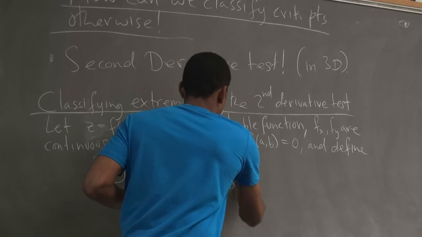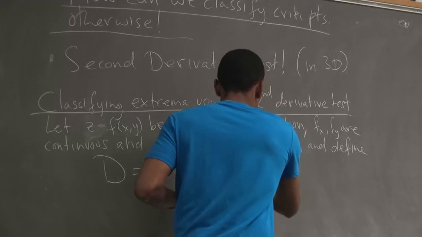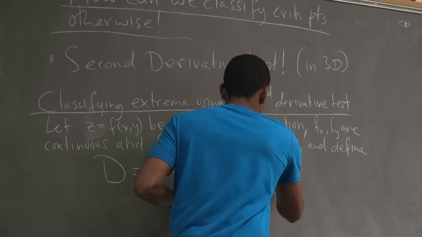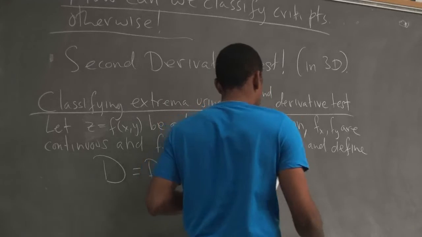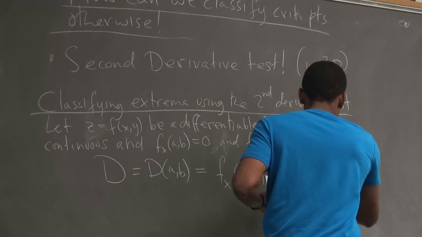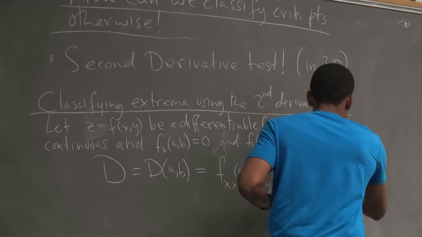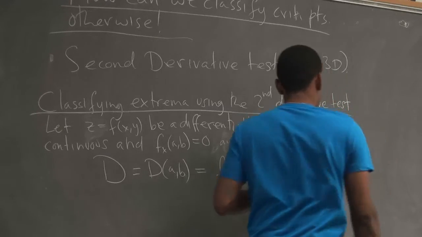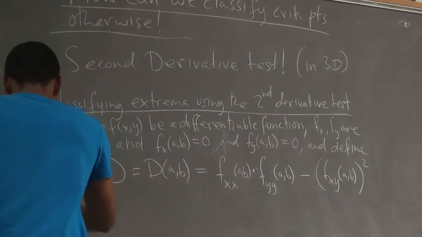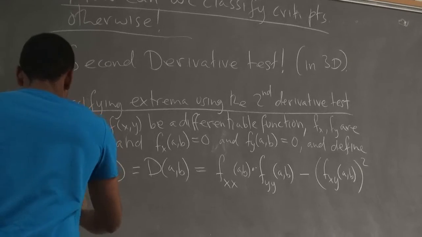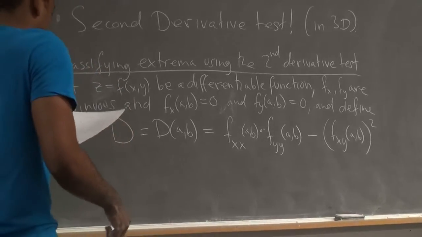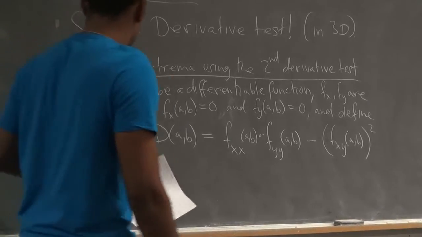fxx at a, b times fyy at a, b minus fxy at a, b, all squared. Then, I'm not going to have enough space.